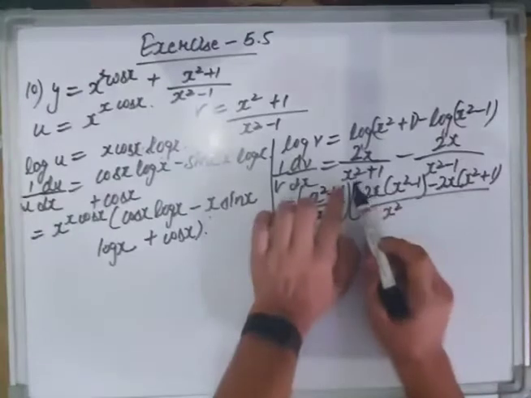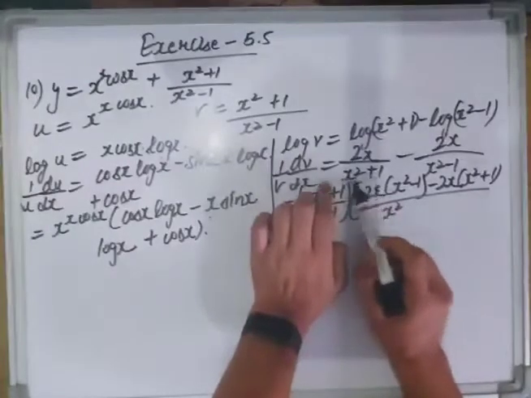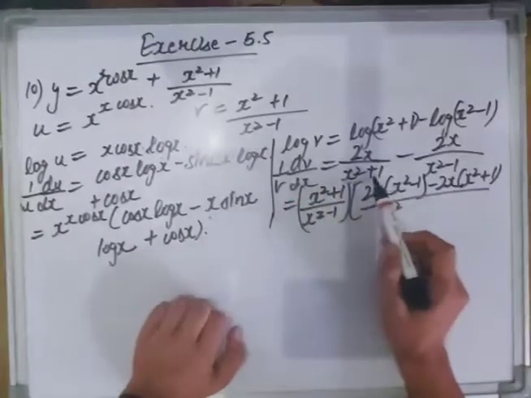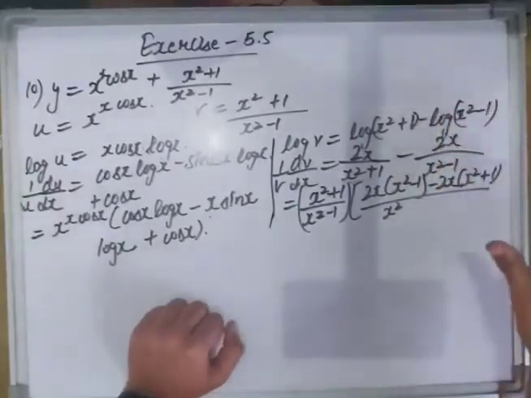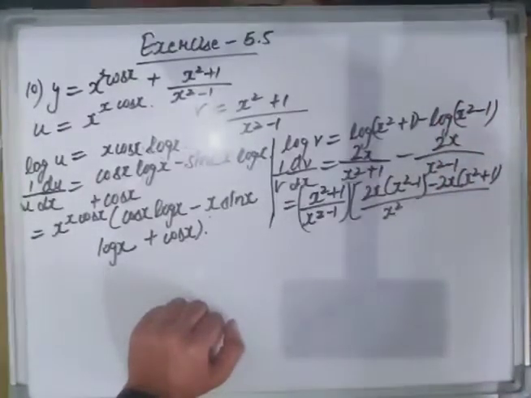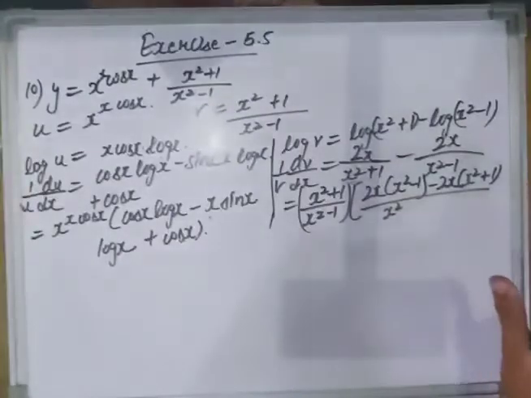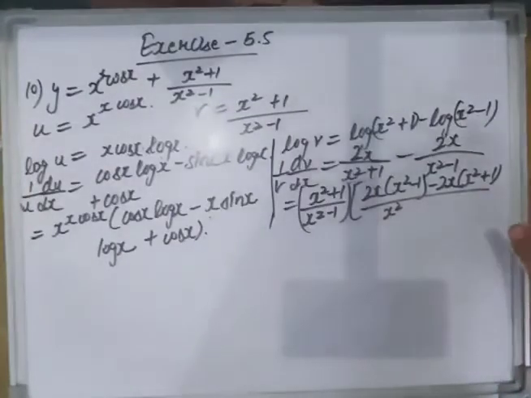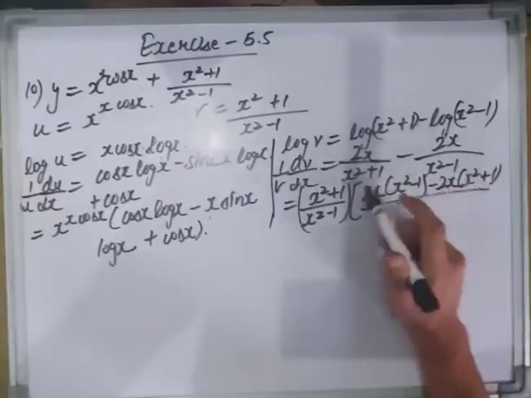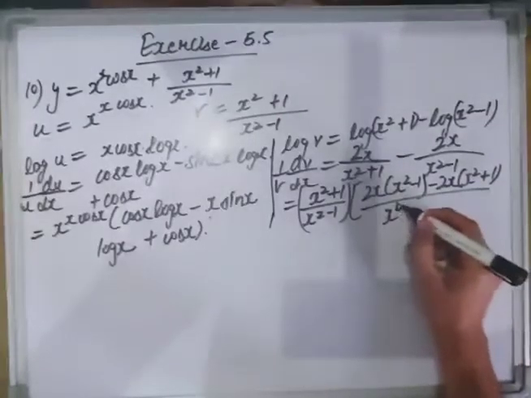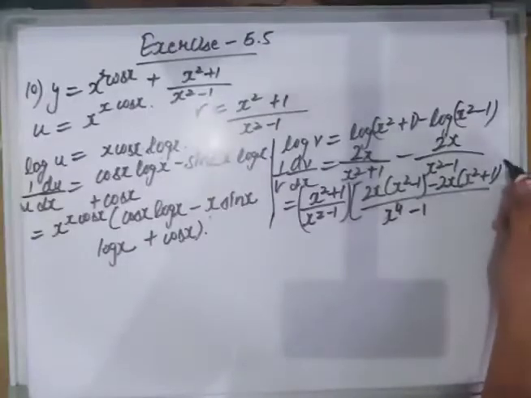Look here, how is this function looking? x square plus 1 and x square minus 1. How do you recognize this? What is the identity of a plus b and a minus b? You may be aware that the a plus b and a minus b identity is a square minus b square. So I am writing the same thing here, which is x raised to power 4 minus 1.